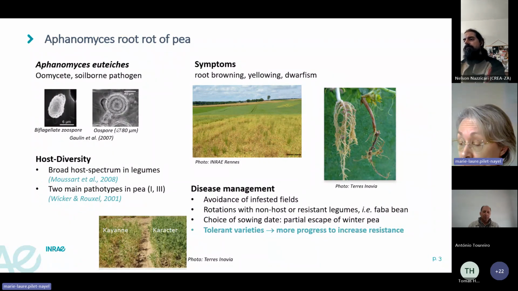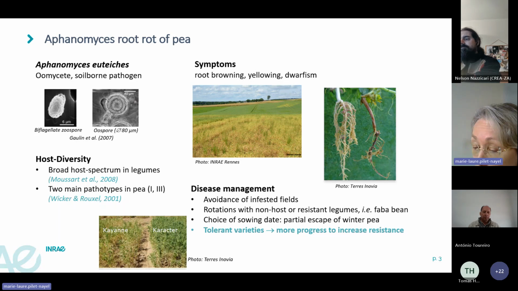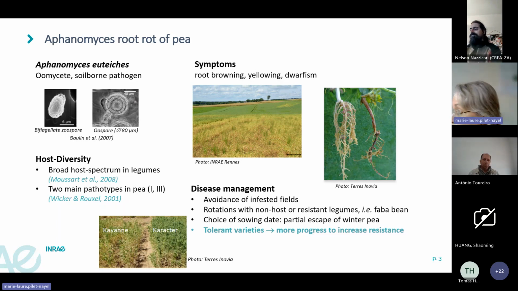The symptoms of the disease are root browning at early plant stages, and at a later stage, yellowing and dwarfism on the aerial parts of the plant. The pathogen has a broad host spectrum in legumes, and two main pathotypes have been identified on pea, pathotype 1 and 3, using a differential set of pea genotypes.